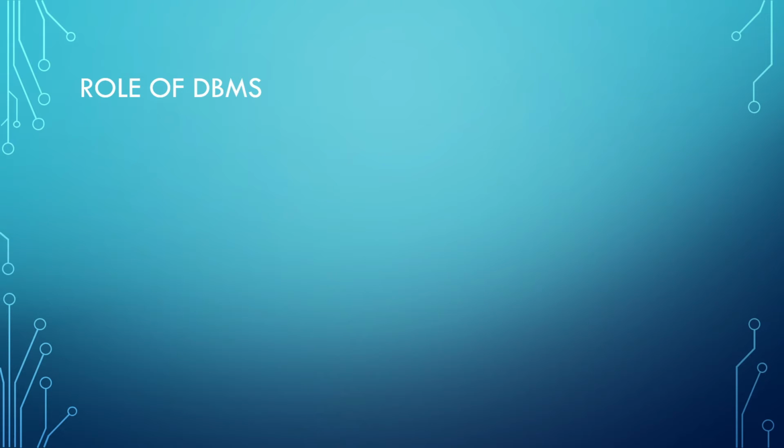What is the role of a database management system? We'd say it is an intermediary between the user and the database. Basically, it is the middleman between the user and the data the user wants to access through the database.